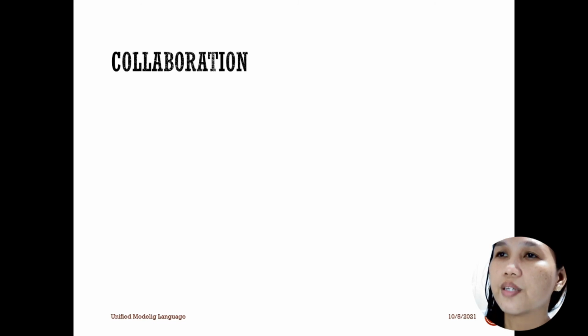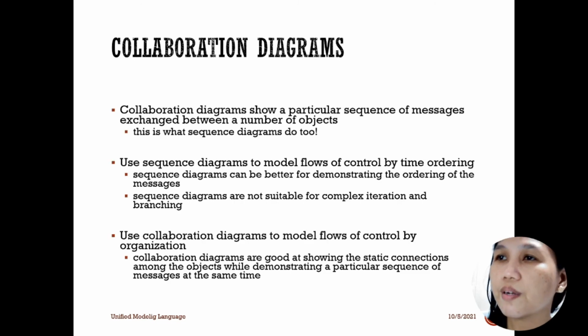Next is collaboration. Collaboration diagrams show a particular sequence of messages exchanged between a number of objects. So this is what sequence diagrams do too. Use a sequence diagram to model flows of control by time ordering. Sequence diagrams are better for demonstrating the ordering of the messages, but they are not suitable for complex iteration and branching.